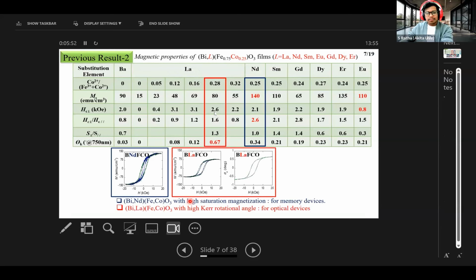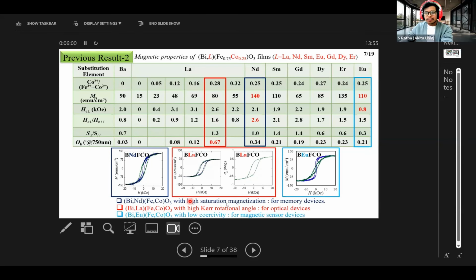In the case of lanthanum substituted bismuth ferrite, I could achieve a very high Kerr rotation angle that is good for the optical device. And in the case of europium substituted bismuth ferrite, it showed very low coercivity that is good for the magnetic sensor device application. As I said before, I need these three characteristics from the application point of view. So luckily, I could find these three applications.